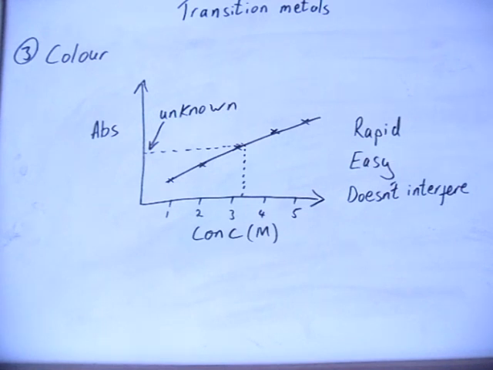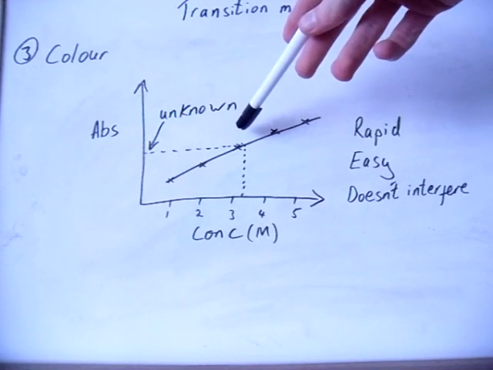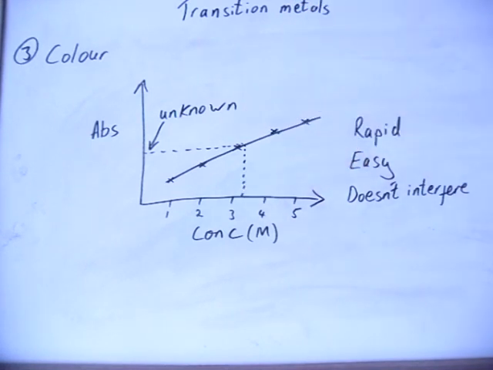It's not like NMR or mass spec where you've got to use other chemicals in there, or mass spec actually bombarding your species. So once you've put it through, your unknown would just give you an absorbance from the machine. You simply read it across on the graph, go down, and it would tell you your concentration there. So a very quick, very easy piece of analytical chemistry to do, and that's what colorimetry is useful for.